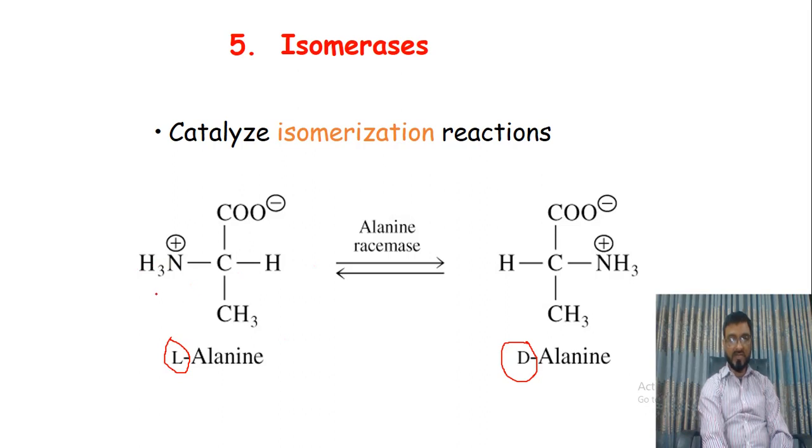Look at this one, H3 is in this direction and H is in this direction. After that, H will be in the opposite direction and H3 will be in this direction. So in this case, alanine racemase belongs to the class of the isomerases. Alanine is the substrate here, right?